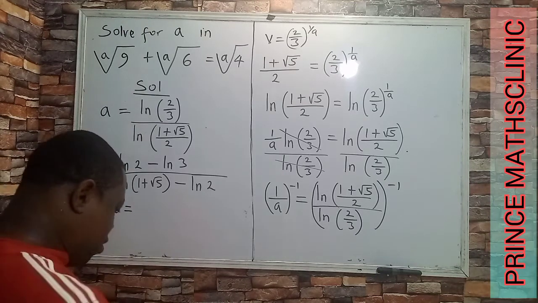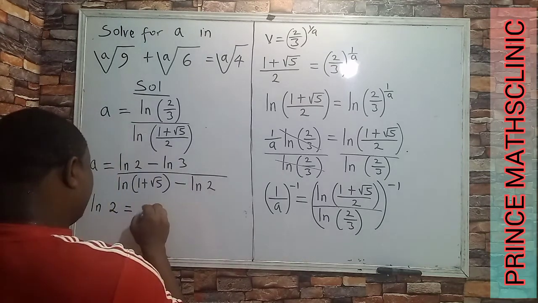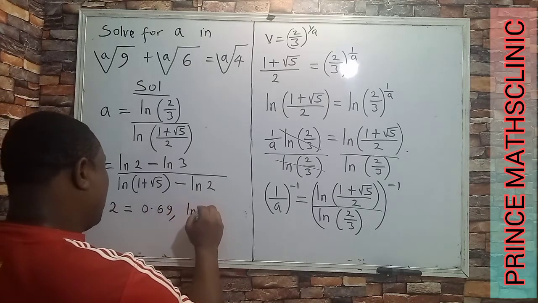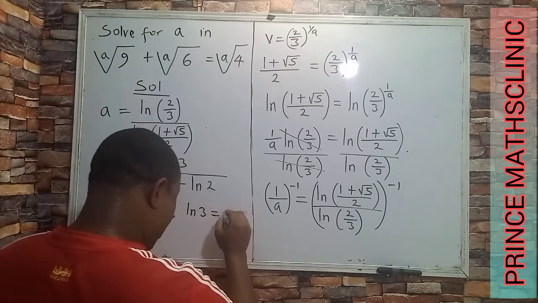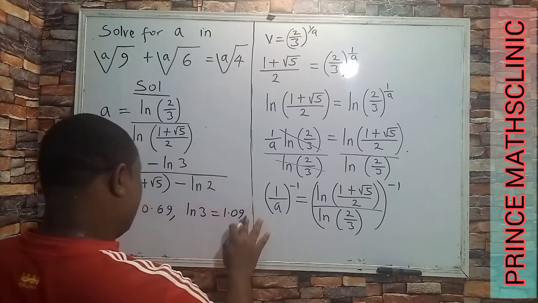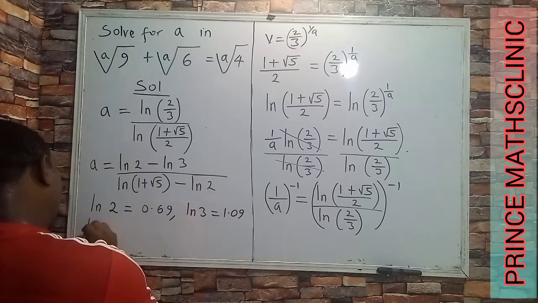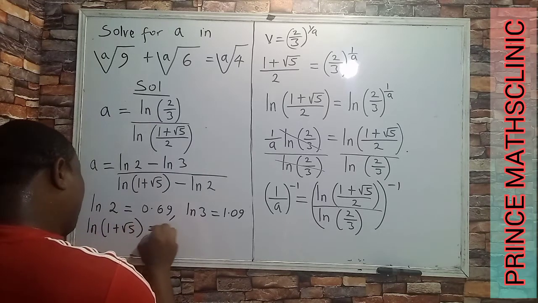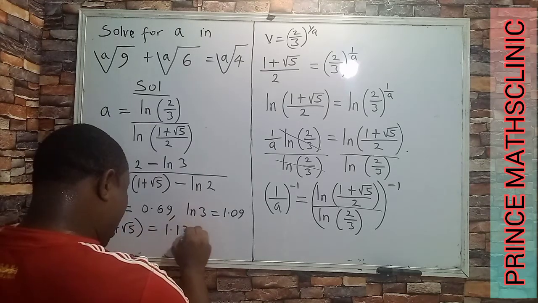Now, punching your calculator, ln 2 is 0.69. The value for ln 3 is 1.09. Then the value for ln 1 plus root of 5 is 1.17.